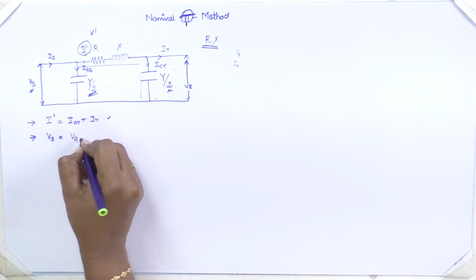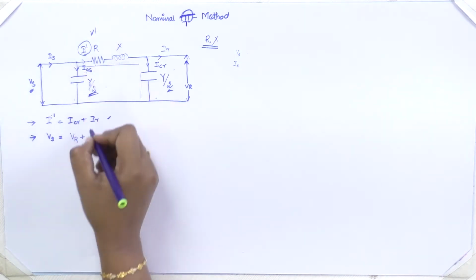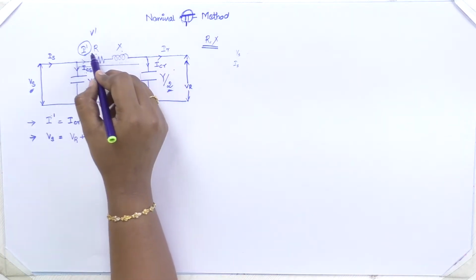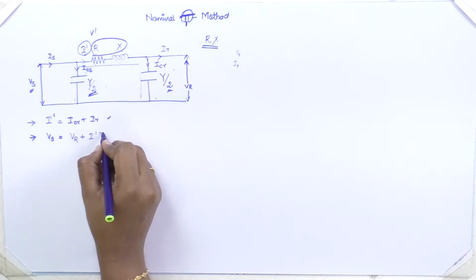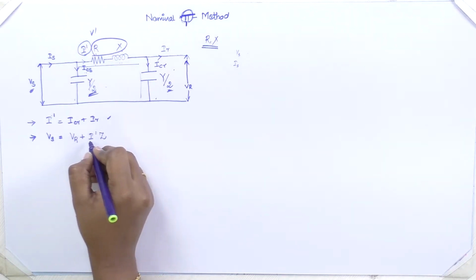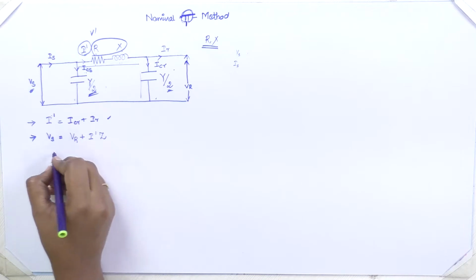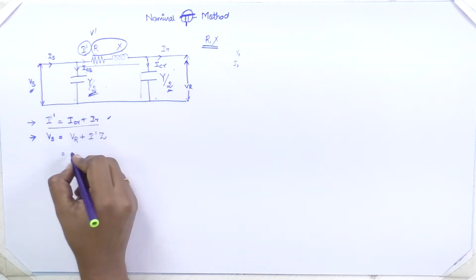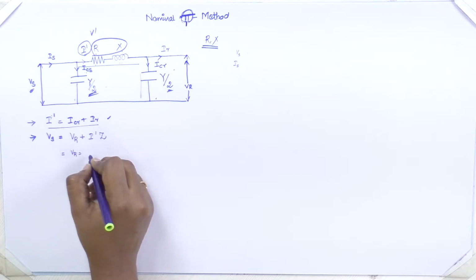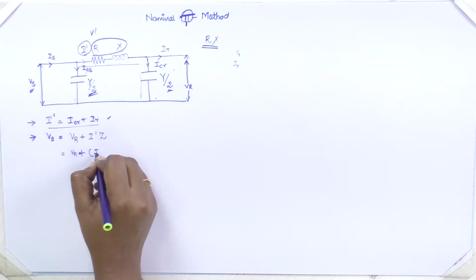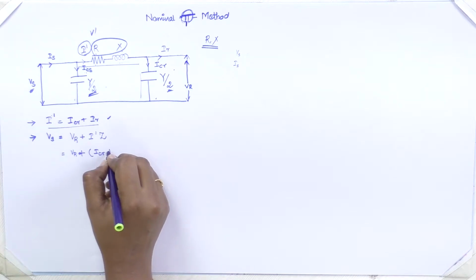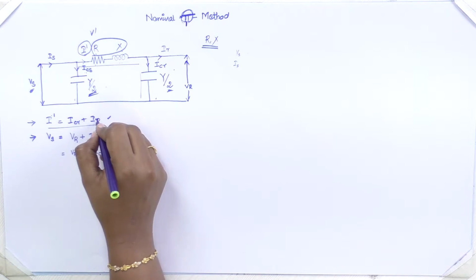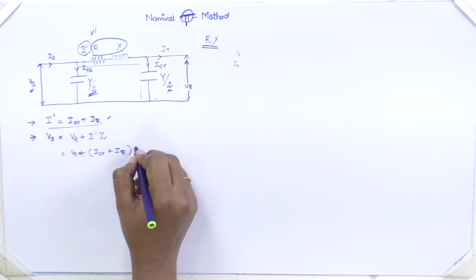So Vs is equal to VR plus I dash into R plus jX, I am writing it as Z. So Vs is equal to VR plus I dash into Z. Then we know what is I dash, right? So Vs is equal to VR plus (ICR plus IR) into Z.